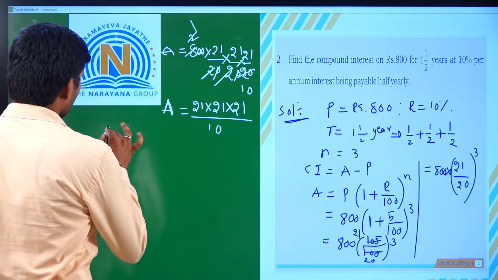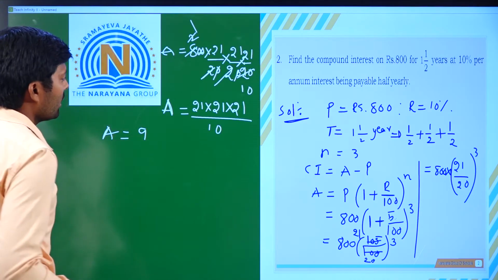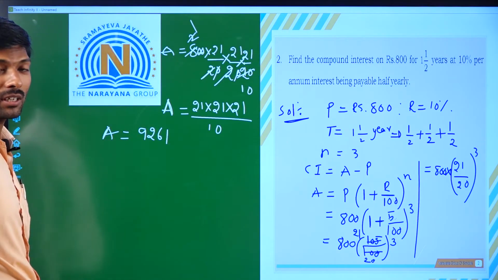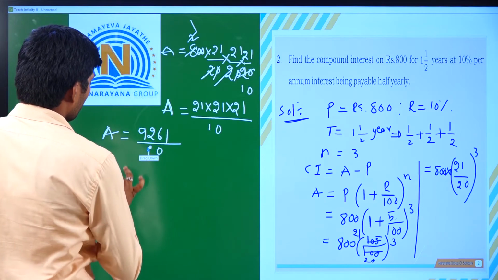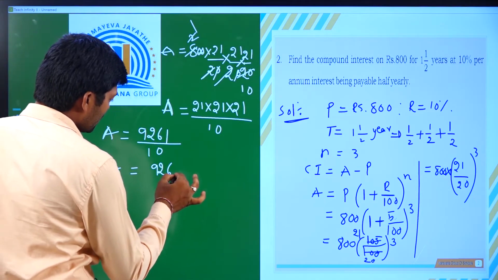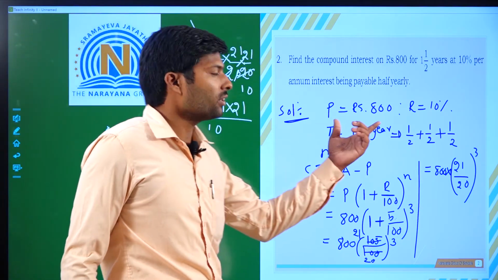So what is the product of three times 21? That is 9,261. So A is 9,261 upon 10, which is 926.1. This is the amount at the end of the period.